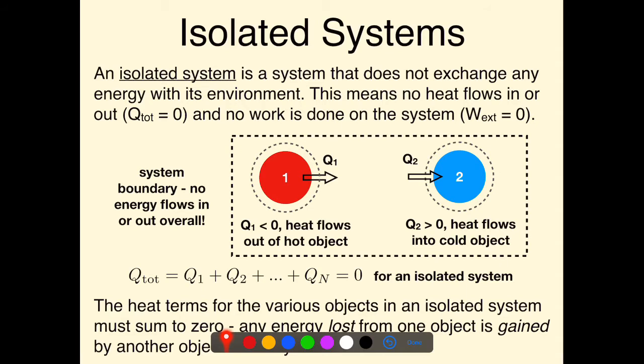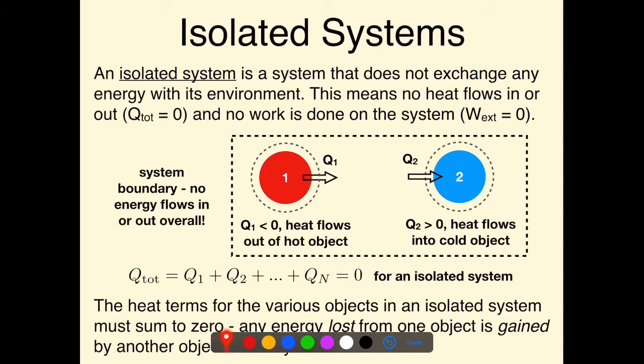So Q total, which would be Q1 plus Q2 in this case, should equal 0 because overall no heat is flowing in or out of the system. But in general, what we can say for an isolated system, if we take all the different heat terms for all the different parts of the system, Q1 plus Q2 plus however many terms we need to include everything in the system, that should equal 0.